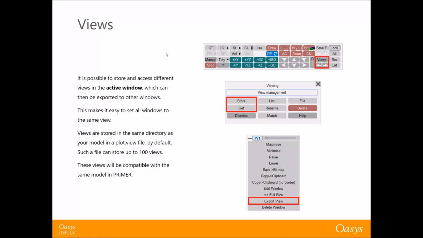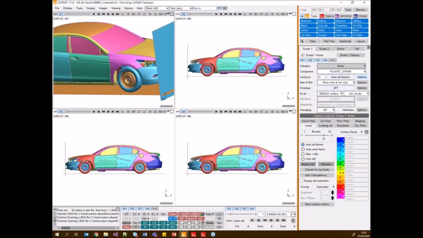For an example of this, I'm going to go to D3Plot here. So you can see I've got a number of different windows open in a grid view. If I wanted to set this specific perspective of the model as a view, I would go to the Views tool, which you can either find down here, or you can use Viewing up here as well, and go to the View Manager.